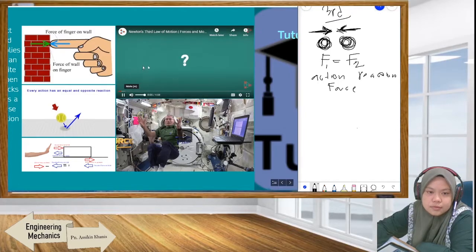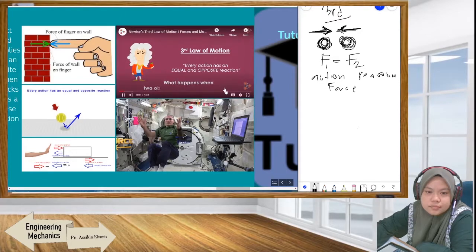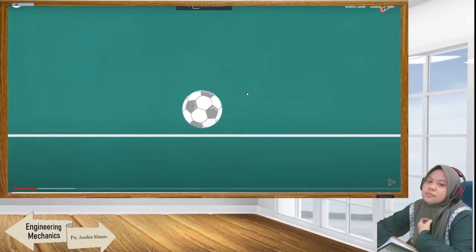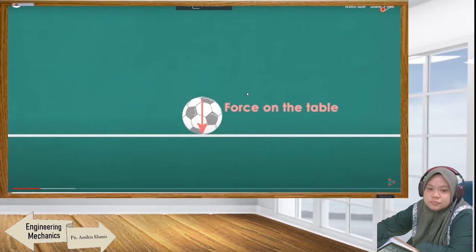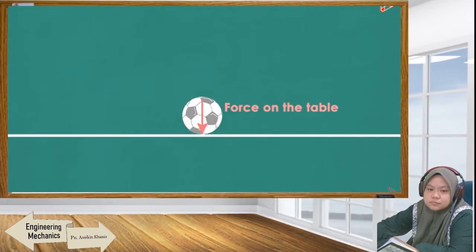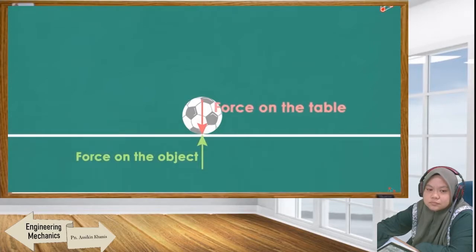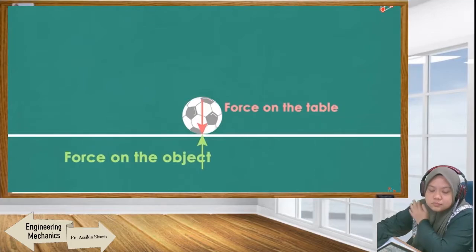The question you need to ask yourself while studying the third law is, what happens when two objects interact with each other? What happens when you place an object on the table? The object exerts a force on the table and the table exerts an upward force on the object. There are two forces that result from this interaction: a force on the table and a force on the object.